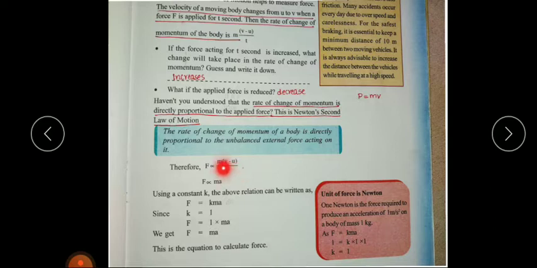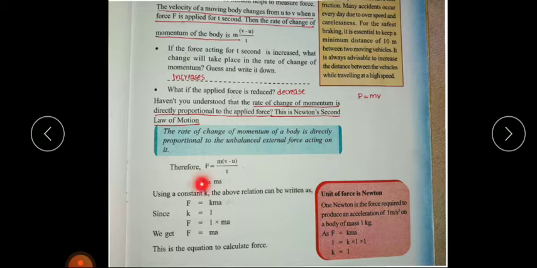See, v minus u by t means what? Acceleration. So acceleration means v minus u by t. Instead of this term, we can write it as a. So F is directly proportional to mass into acceleration. In order to remove this proportionality, we have to multiply with a constant. That constant is k.